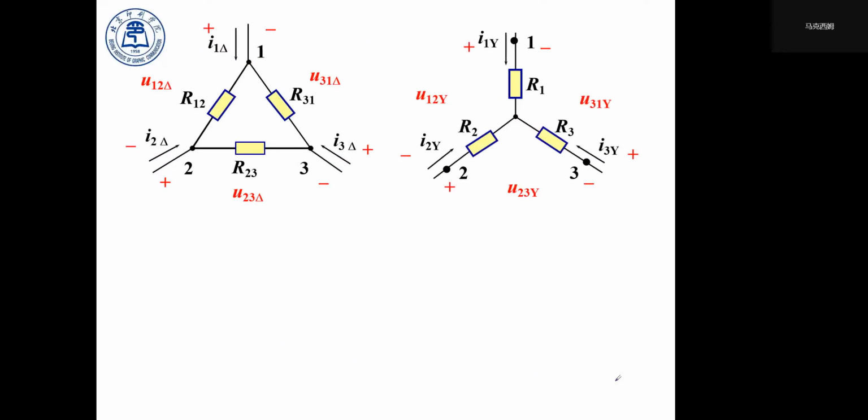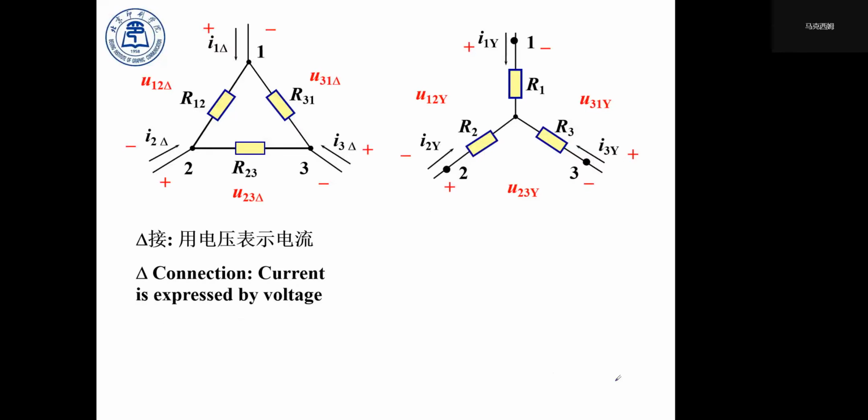So let's calculate it by using Kirchhoff's current law. First, we talk about the delta connection. We know that the current I1 delta equals U12 delta over R12 minus U31 delta over R31.